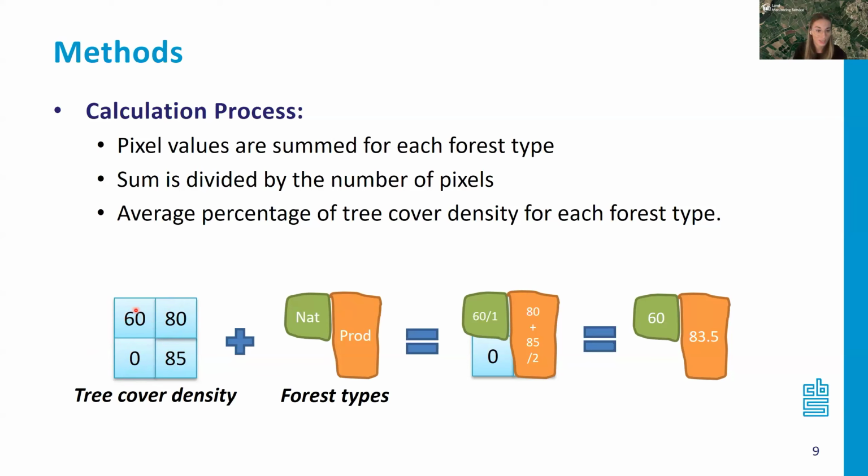One pixel has 60% coverage, one has 80, and one has 85. The 60% overlaps with a polygon of natural forest, and the 80 and 85 overlap with a polygon of production forest. Well, what we then have to do, because the production forest has 2 pixels, is add them and then divide by 2, because there are obviously 2 pixels. So then this would be the result. Obviously, this is a very simplified version. If you have to do this for all of the Netherlands, it's a bit more complicated.